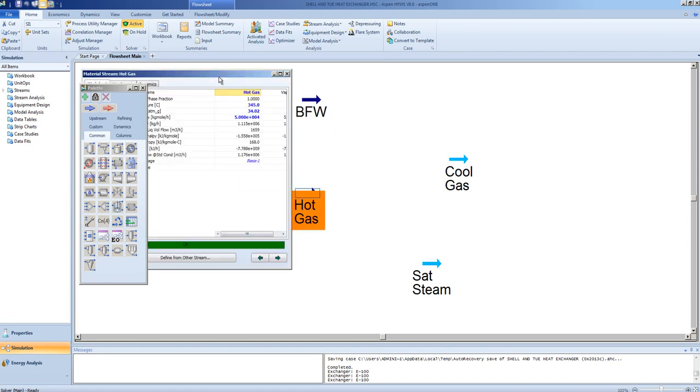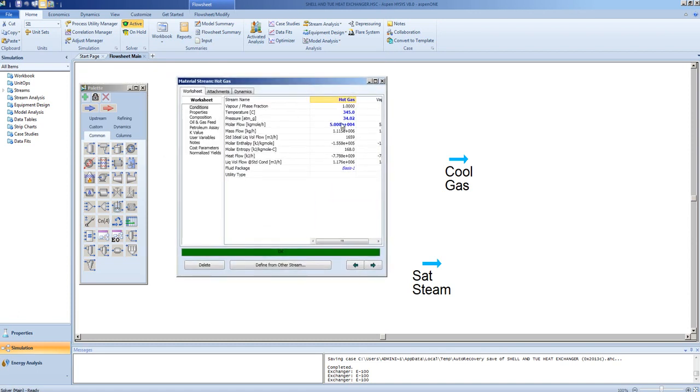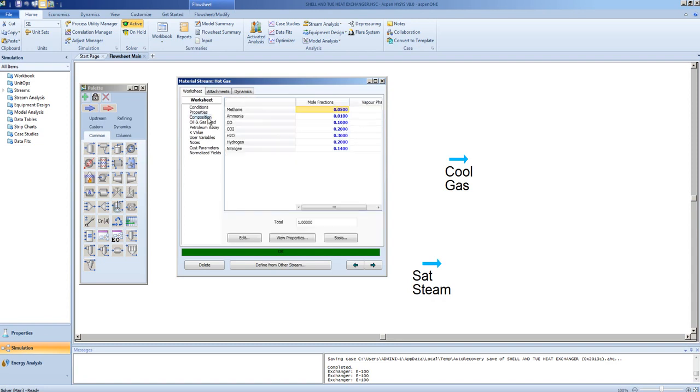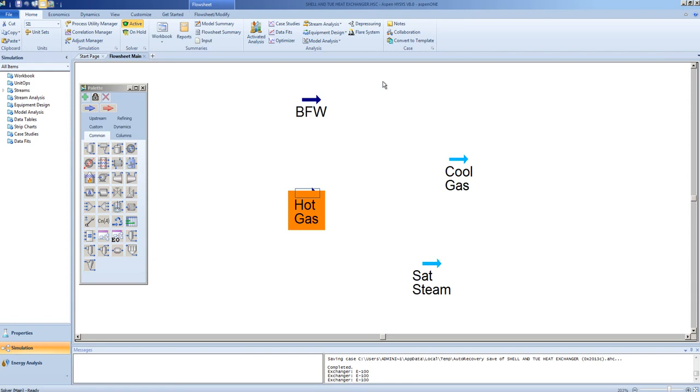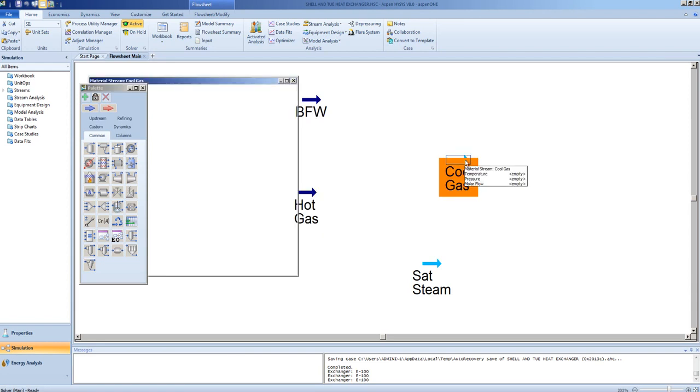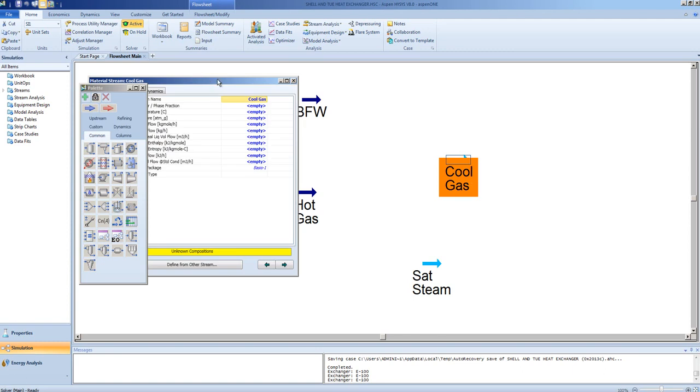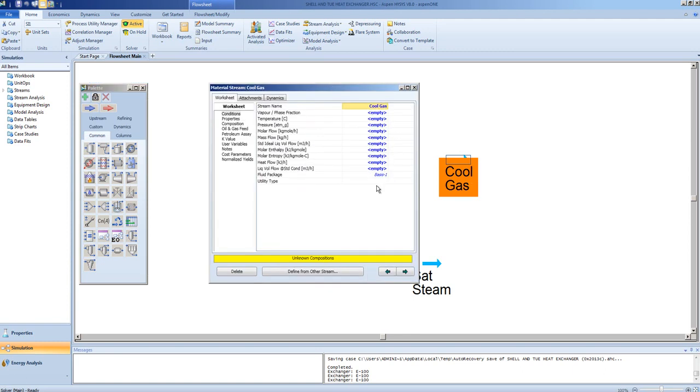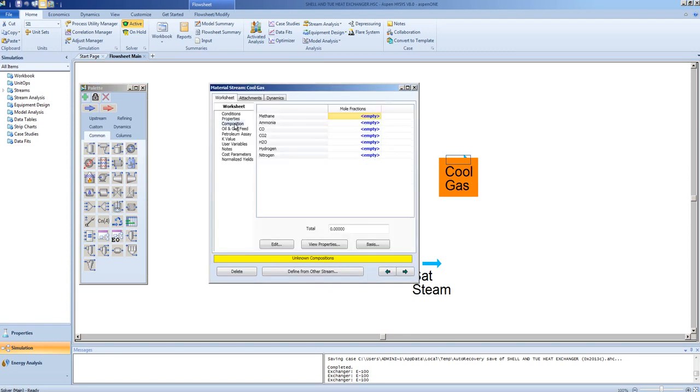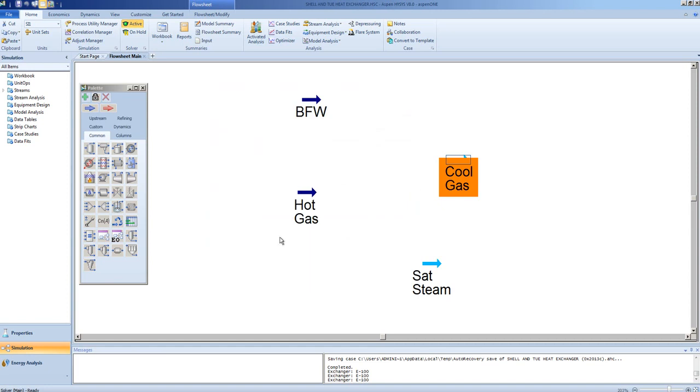This is the composition and conditions for the hot gas stream, which will be used to make steam from the boiler feed water. As said earlier, no information is provided for these 2 streams.